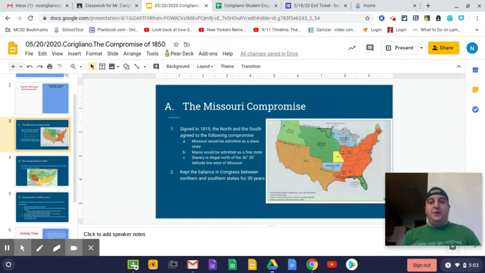There are a couple of provisions in the Compromise of 1850 that are really going to divide the country and force people who didn't really have an opinion on slavery or the spread of it, who didn't really care about it, to either support ending the expansion of slavery or allowing slavery to expand.